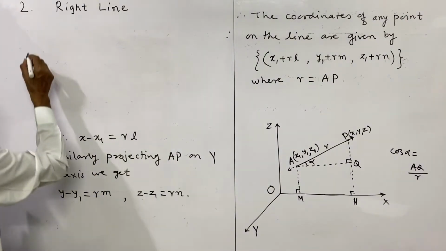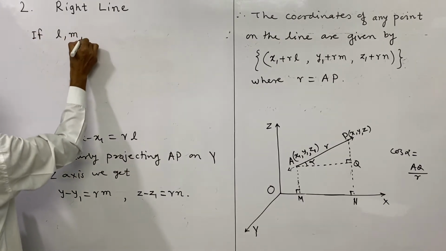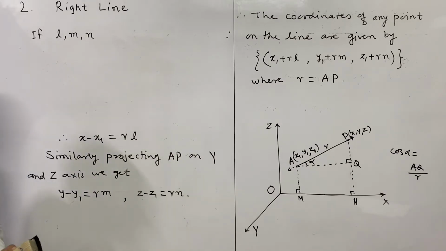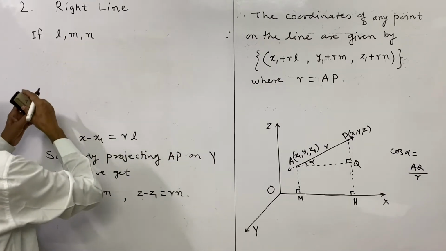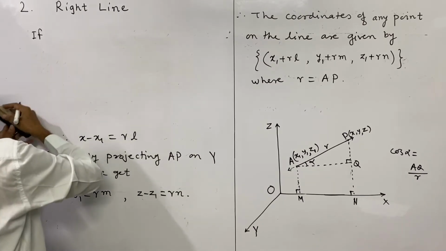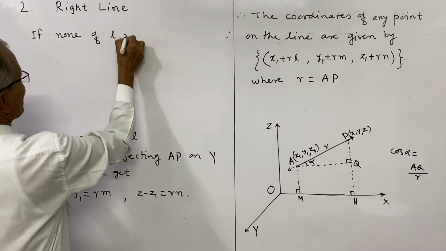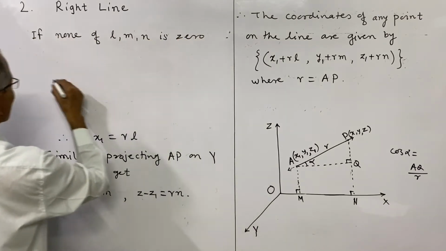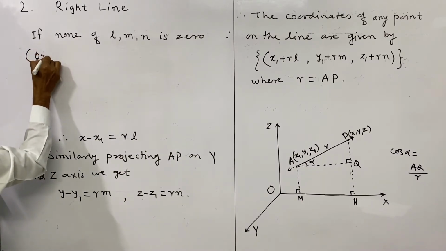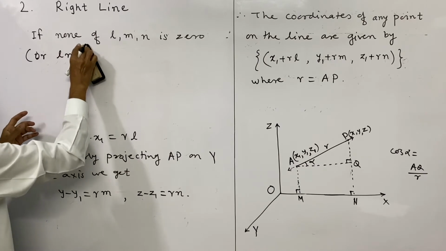Therefore if l, m, n are non-zero, or if none of l, m, n is 0, this can be written as l into m into n is not equal to 0.